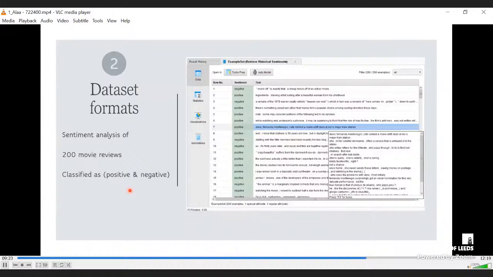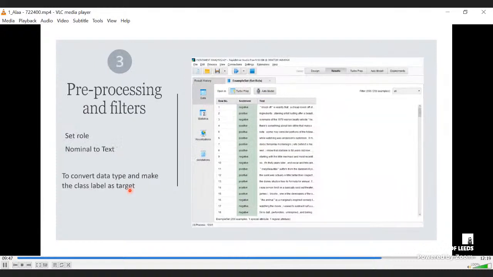In this use case, we have sentiment analysis of 200 movie reviews. Both of the examples presented today are from existing examples in the toolkits themselves. In this example, we have two classes, positive and negative.